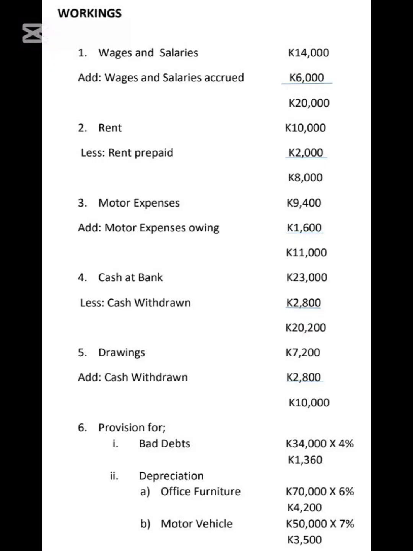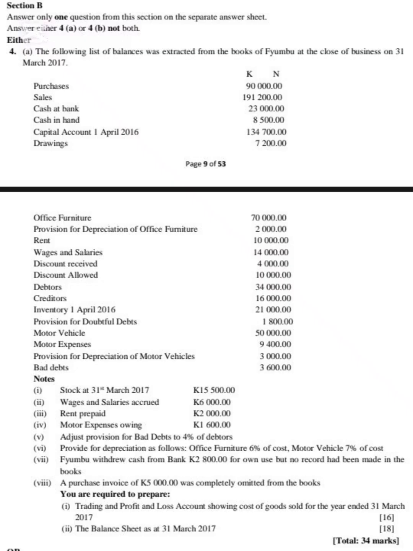Then we go to the provision for depreciation. We have two assets on which we are providing depreciation. We have office furniture. Since we are told to provide depreciation on office furniture at 6% of cost, this is the straight line method.